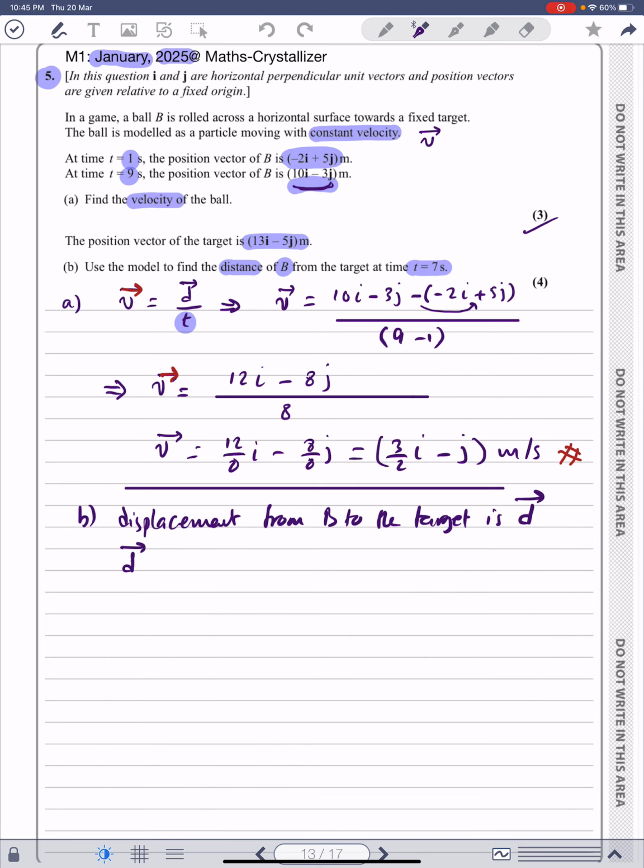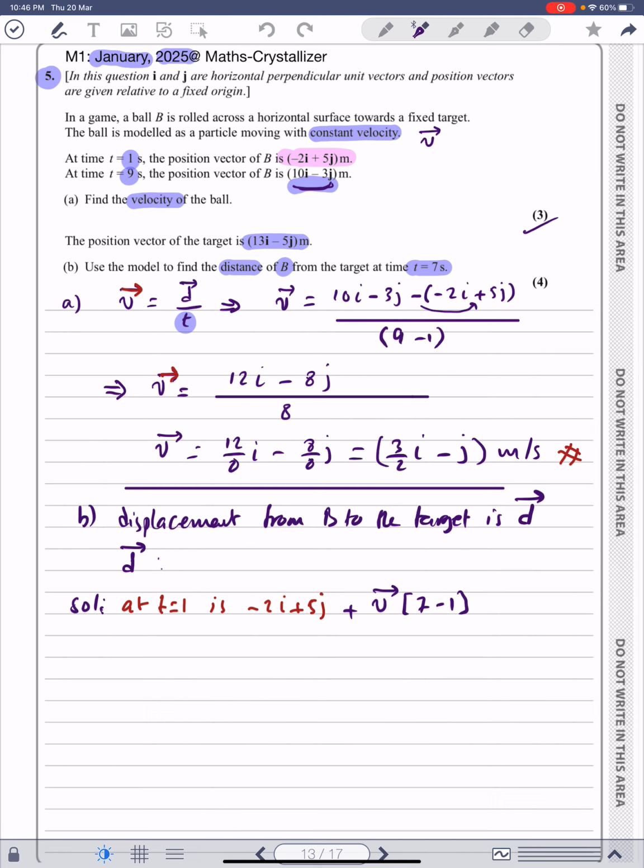How do you find this? Step number 1, small steps. We know that the initial vector at t equals 1 is negative 2i plus 5j. This one, let me label it for you in a different color to see it. Plus V times t, where t is 7 in this question. So what do you do here? 7 minus 1.